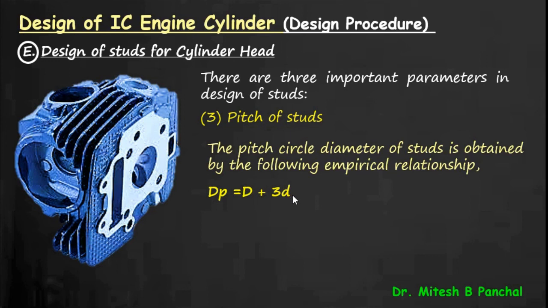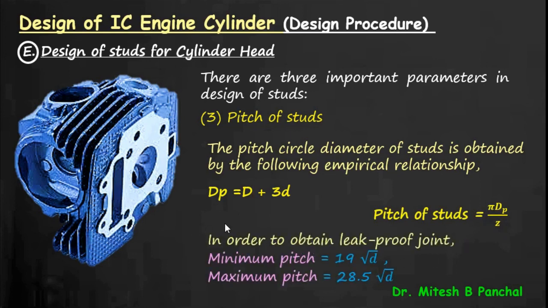So once we know the pitch circle diameter for the stud, then the pitch of the stud can be obtained, that is pi into dP divided by Z, where Z is nothing but the number of studs.